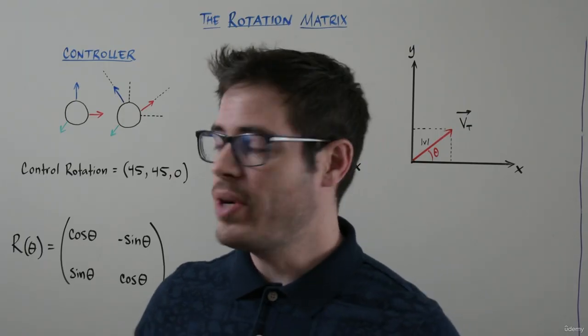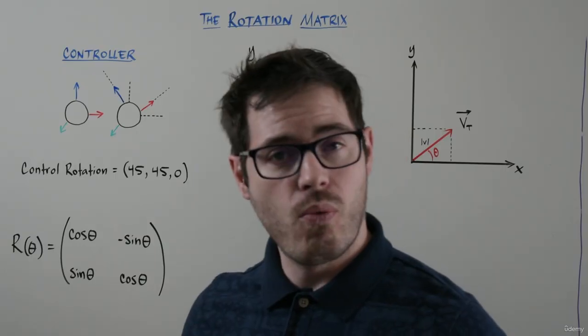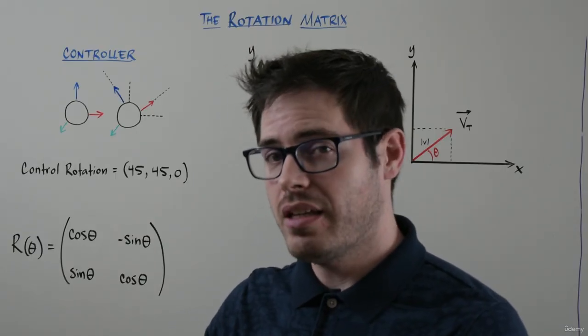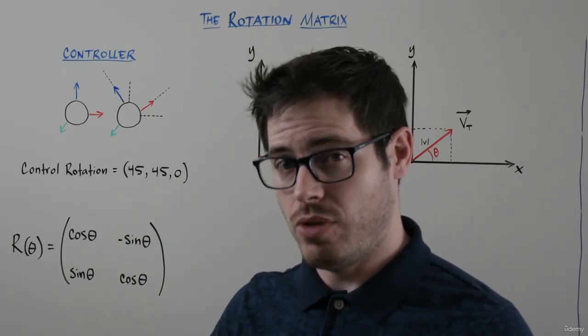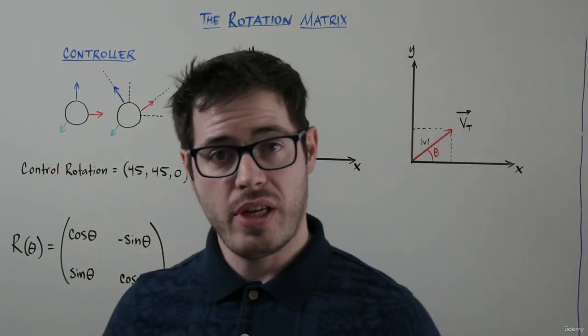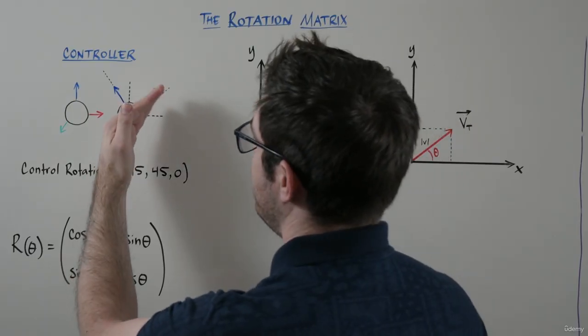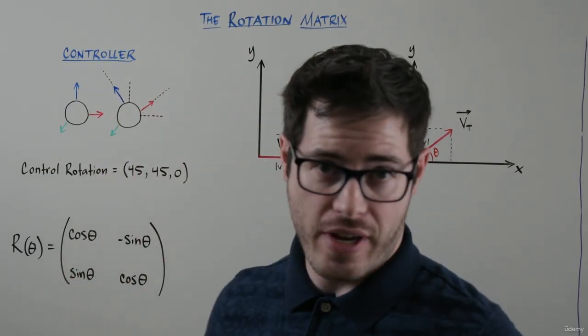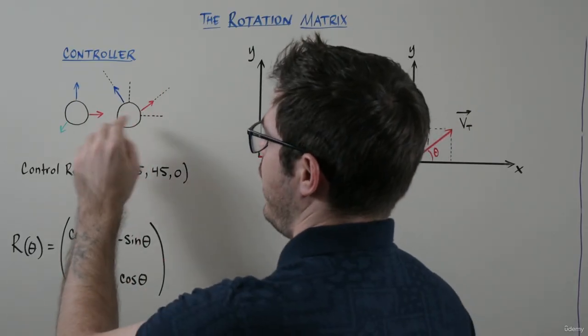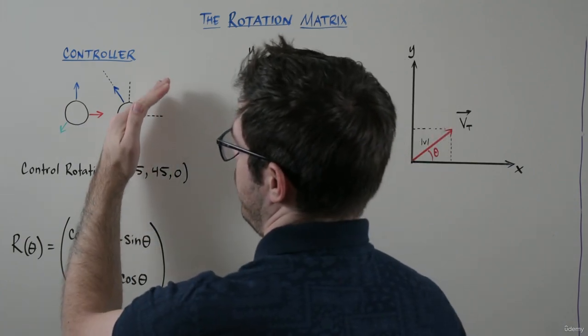In other words, we need to look at the controller's rotation and find out what the forward vector would be corresponding to that rotation. Now, we know that our controller's rotation has a yaw, pitch, and roll. So if our controller itself rotates upward, let's say by 45 degrees, then we know that its forward vector would be pointing upward by 45 degrees.